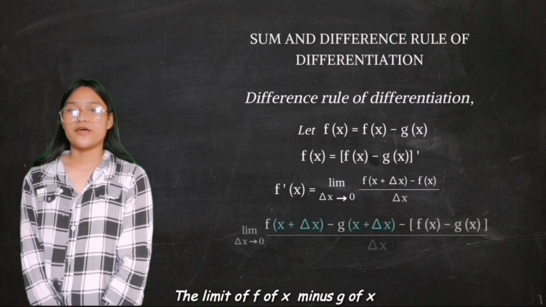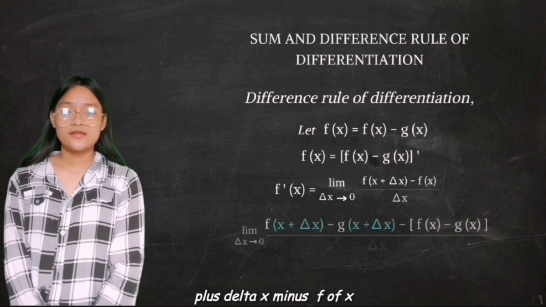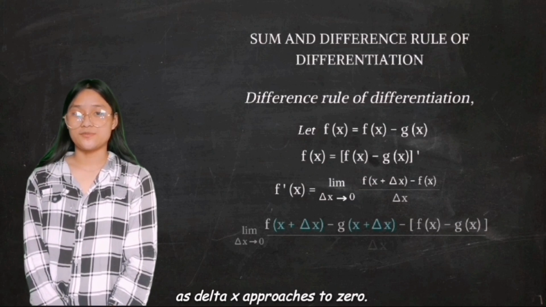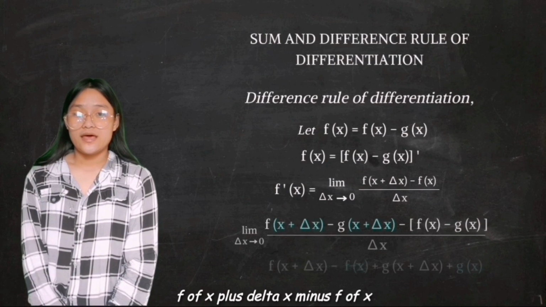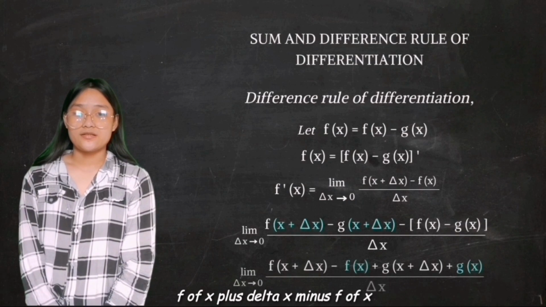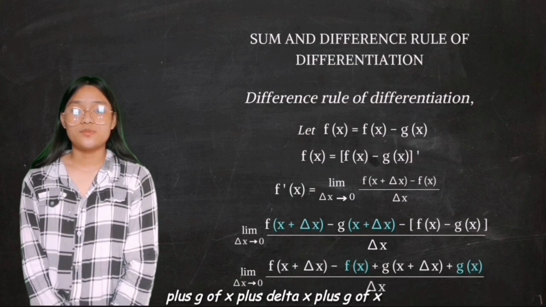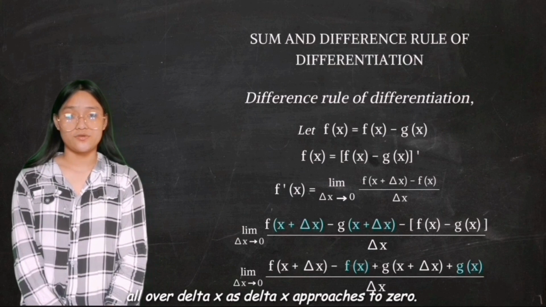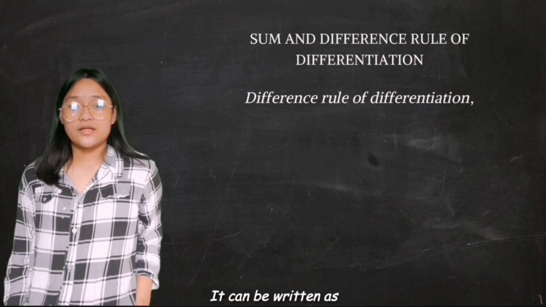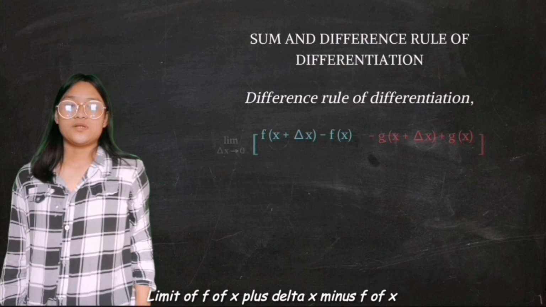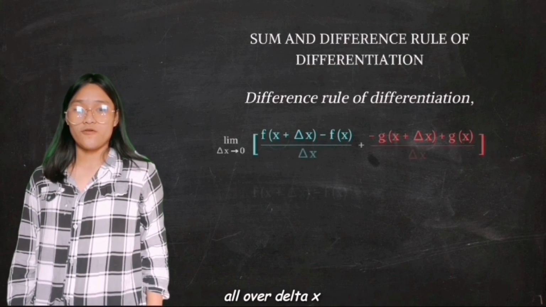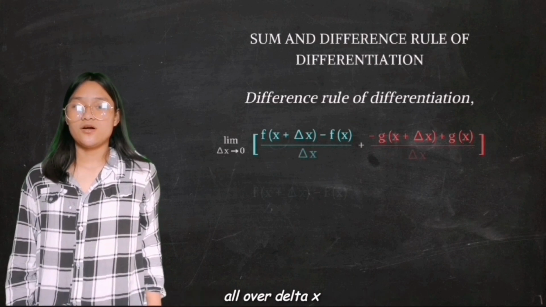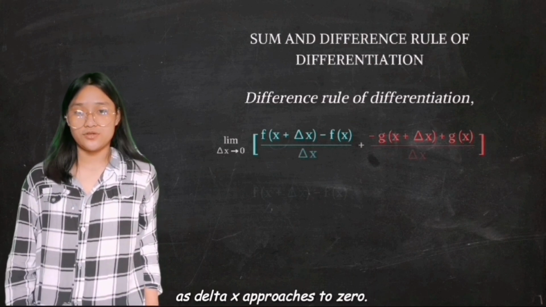The limit of f of x minus g of x at x plus delta x, minus f of x minus g of x, all over delta x as delta x approaches 0 can be written as the limit of f of x plus delta x minus f of x all over delta x, minus g of x plus delta x minus g of x all over delta x, as delta x approaches 0.